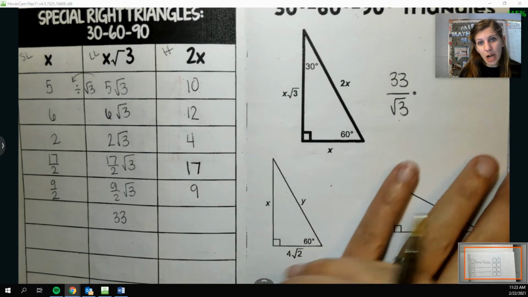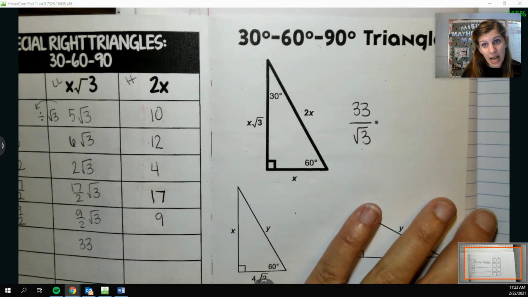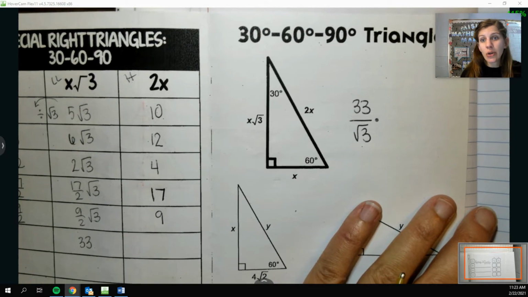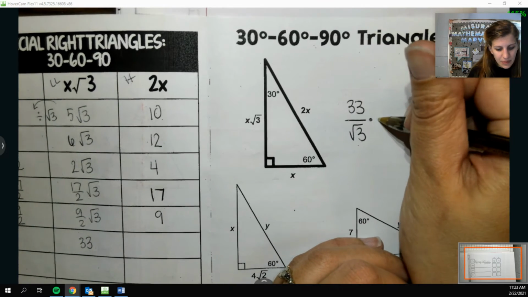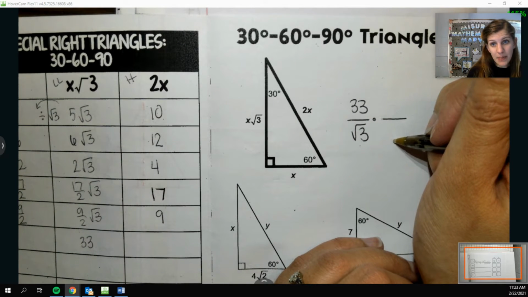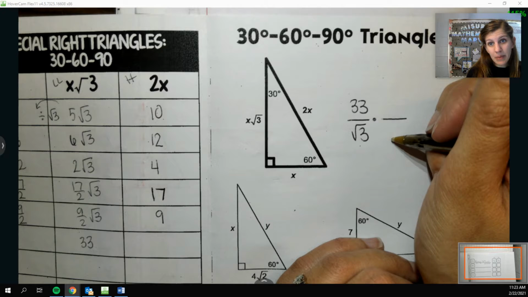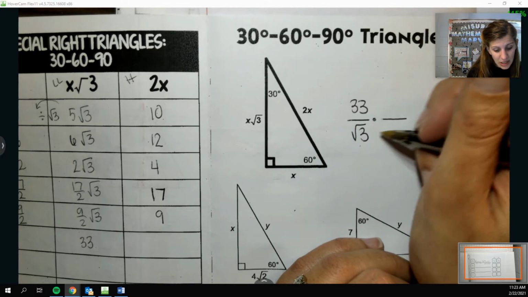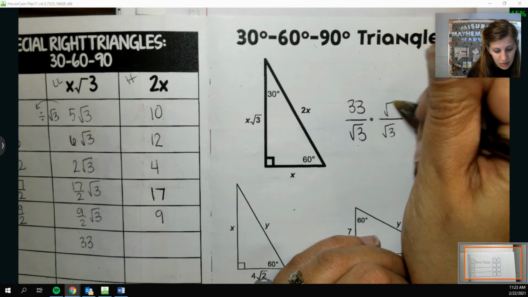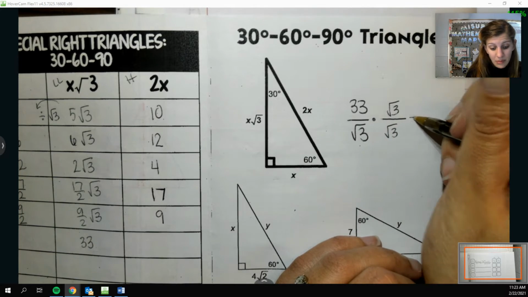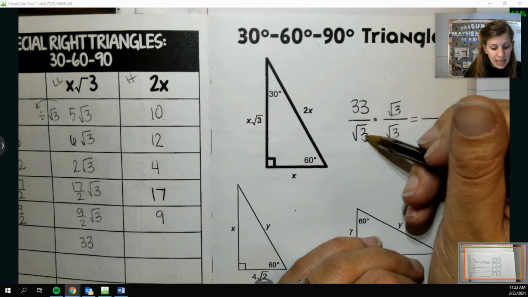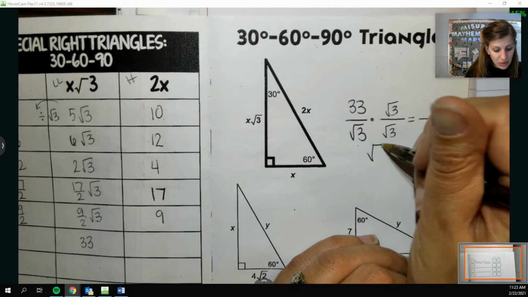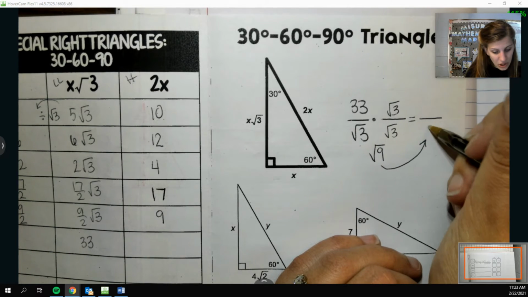So we can do this process called rationalize the denominator, where I just really multiply by 1. So same number on top, same number on bottom. And the number you want to pick is whatever is in the bottom. So root 3 over root 3. And the reason that will work out is because on the bottom, when I do root 3 times root 3, that's root 9, which is 3.